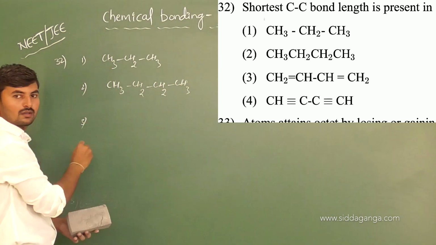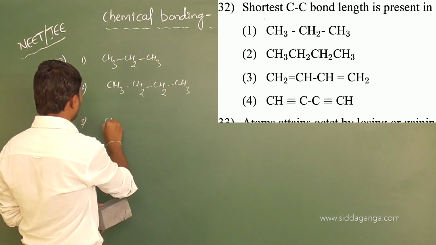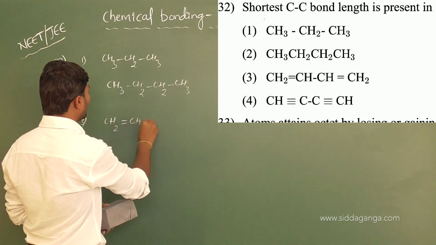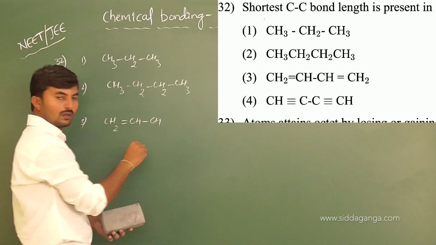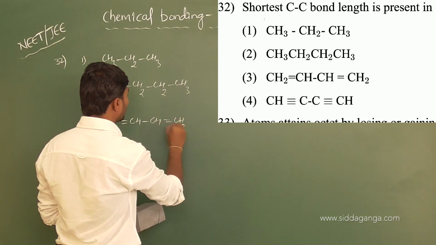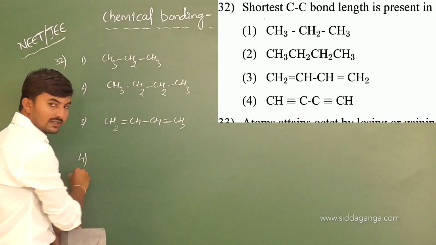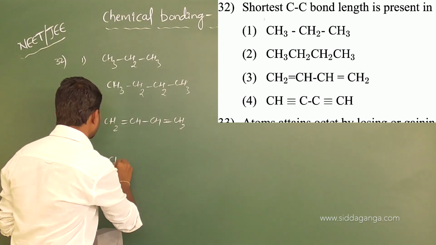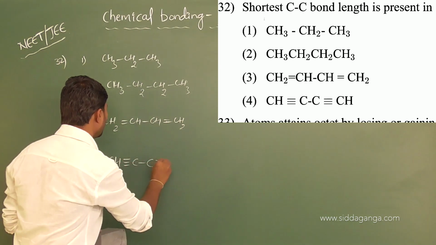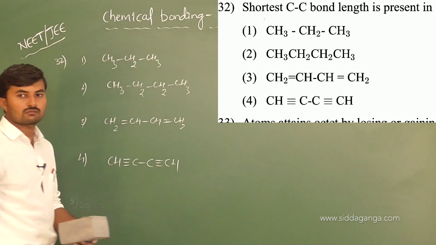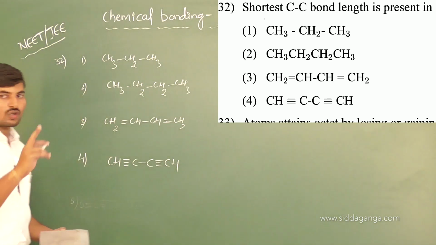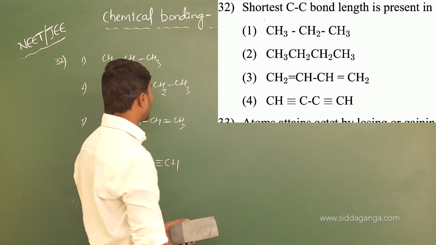The third is CH2 double bond CH, single bond CH, double bond CH2, and the last one is CH triple bond C. Okay, shortest carbon carbon bond length is present in which one.